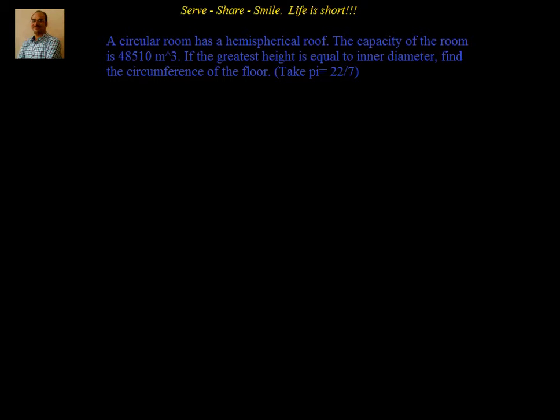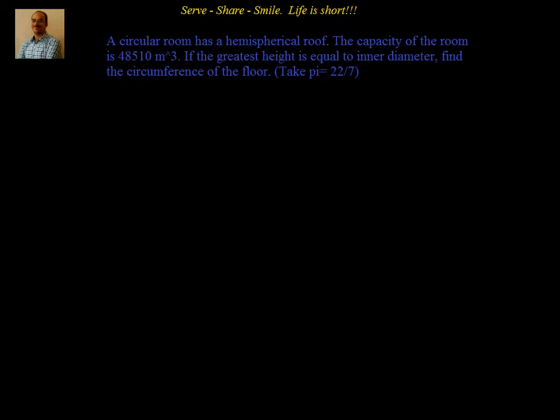So at high level, what I see is we have been given a combination of solids. Circular means it's a cylinder, and hemispherical roof tells me that I have to add a cylinder and a hemisphere together. That will be the total room shape.